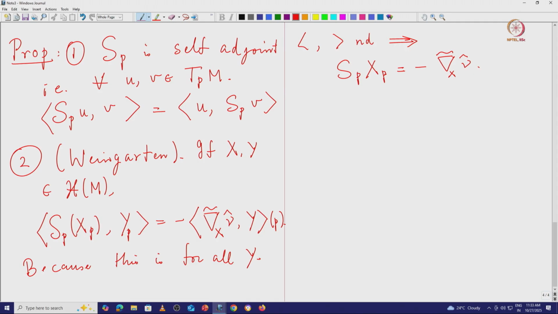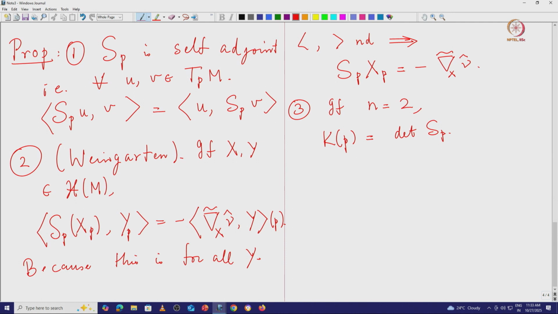Okay. So the shape operator really captures the derivative of the unit normal vector. Okay, and then if n is 2, this basically means that the Gauss curvature is given precisely by the determinant of the shape operator. Okay.